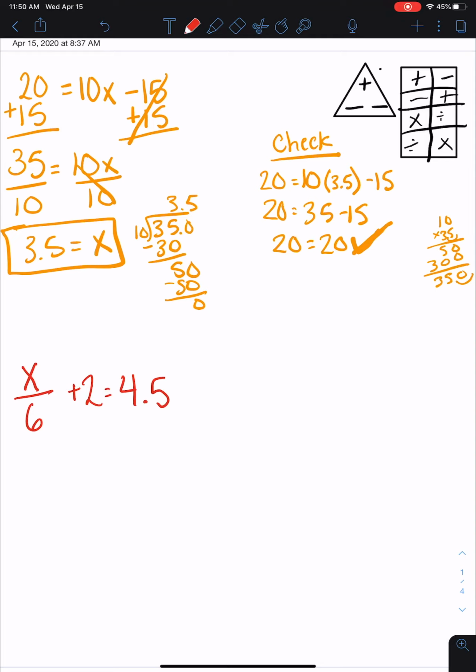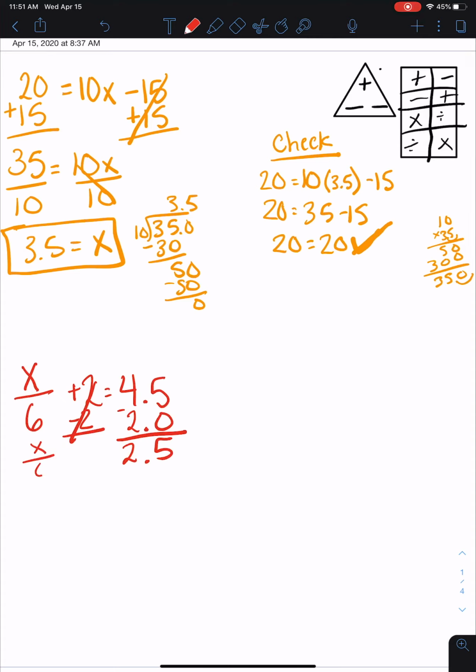x divided by 6 plus 2 equals 4.5. Again, isolate your x. Inverse of addition is subtraction. When I subtract 2, remember we have to line up our decimals. So 2 is actually 2.0. And I'm going to get 2.5.